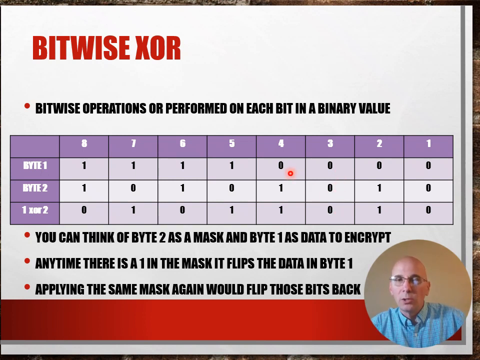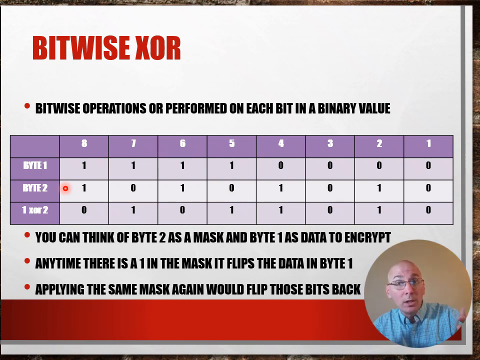Here I had a 0 in the data, a 1 in the key, so I flipped that 1 into a 0. Over here I had a 1 in the data and a 1 in the key, and so I flipped it to a 0. So anytime there's a 1 in the key, we flip the bit back to its opposite.